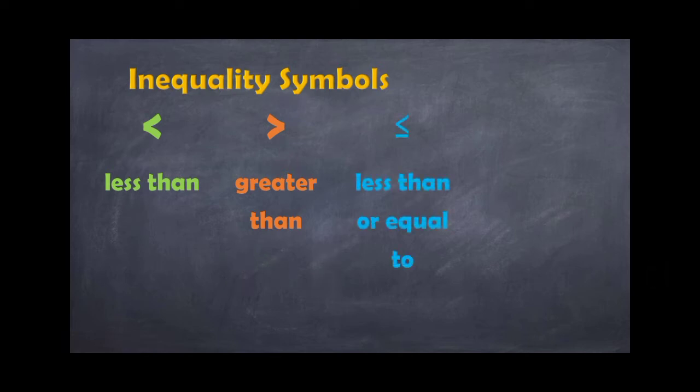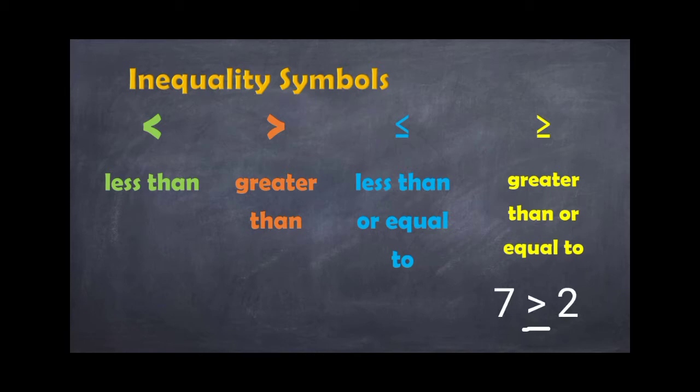Then, we also have less than or equal to. So, pwedeng mas mababa o equal ang nasa left sa nasa right. And the fourth symbol is greater than or equal to. So, ito naman, syempre, mas mataas ang nasa left or pwede namang equal sa nasa right.